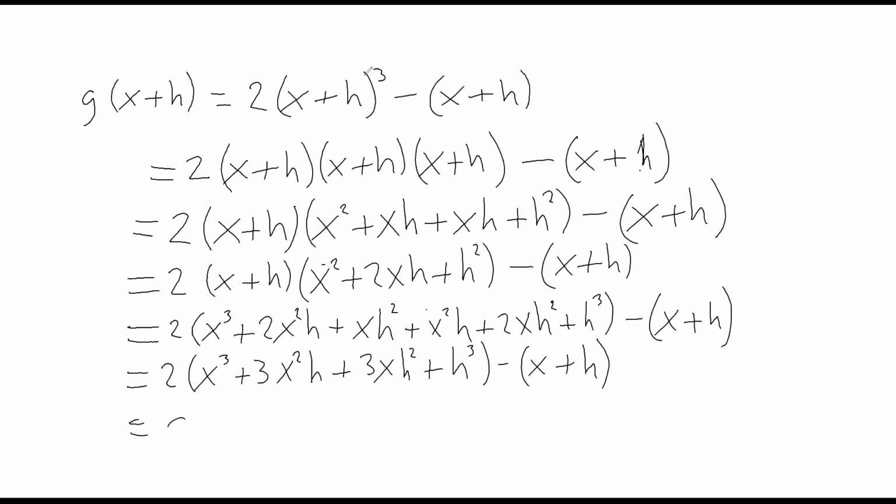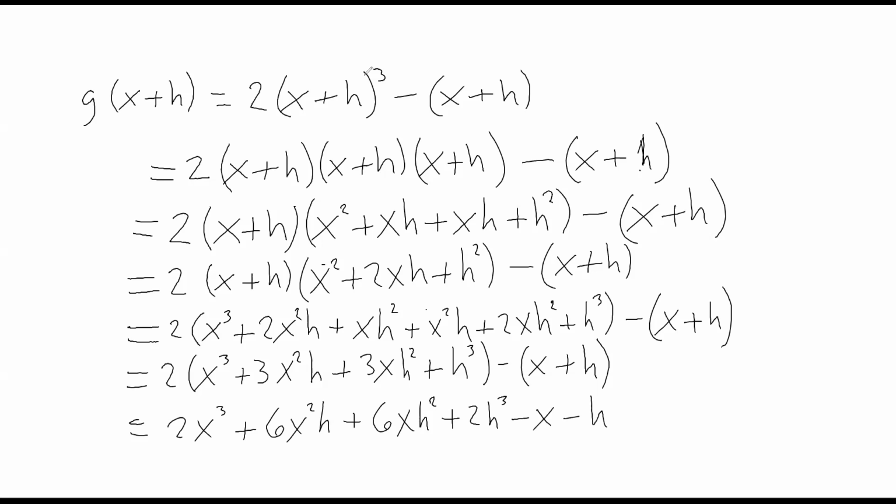And so all of that is 2x cubed plus 6x squared h plus 6xh squared plus 2 times h cubed minus x minus h.